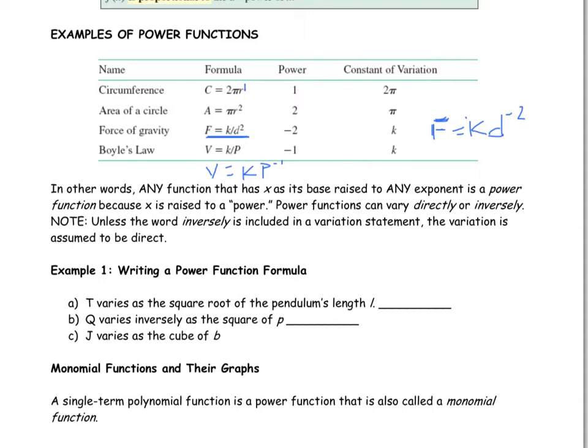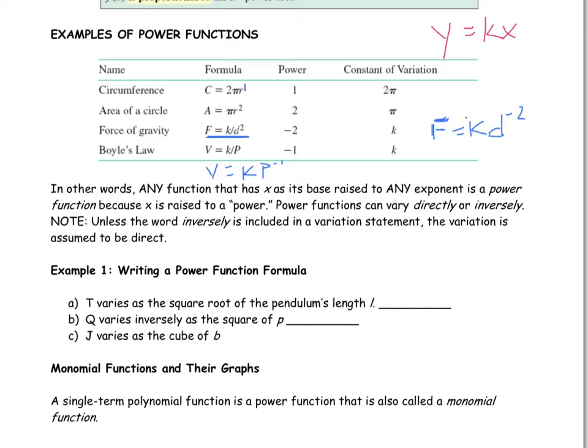It's y equals kx. So I'm multiplying my slope, or my constant, times x, which is an equation of a line, it just doesn't have a y-intercept, it always goes through the origin. It's a monomial, and this is direct variation. An inverse variation is when you're dividing by your variable.